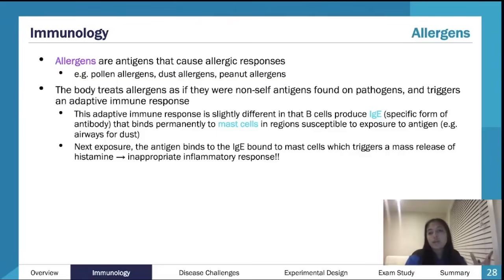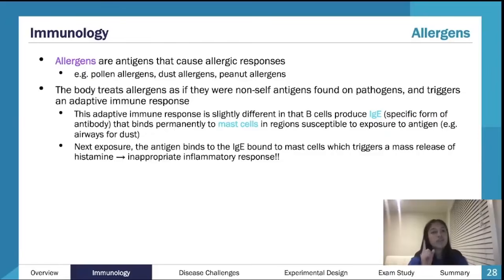And we're going to make antibodies to the pollen, right? Because we think it's dangerous. But with these antibodies, we don't really use them to kill it. We take these antibodies, a specific form called IgE, and we sit them on mast cells. That's obviously a bit different to what you do if it's a bacteria.